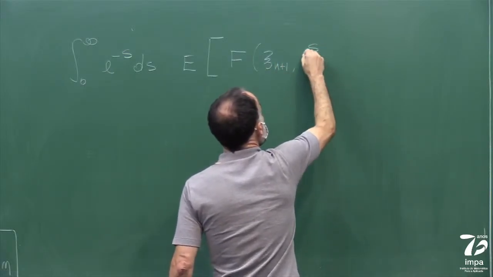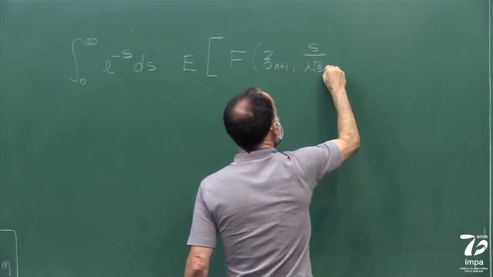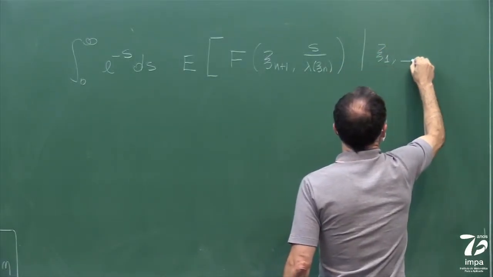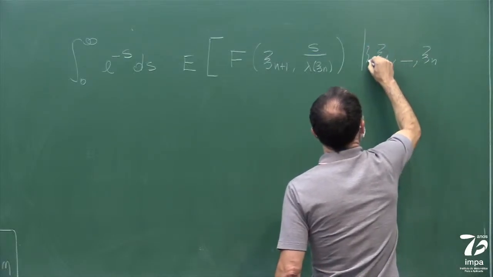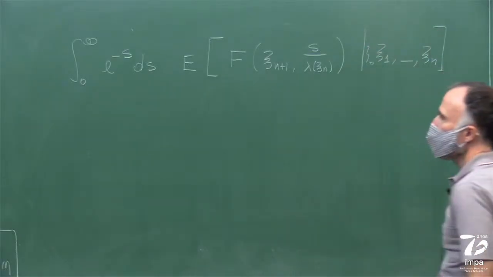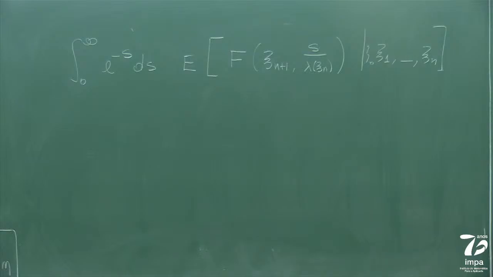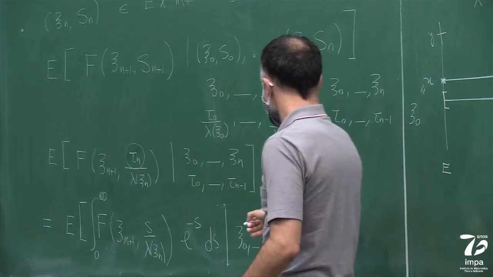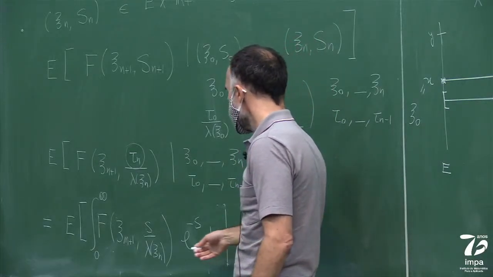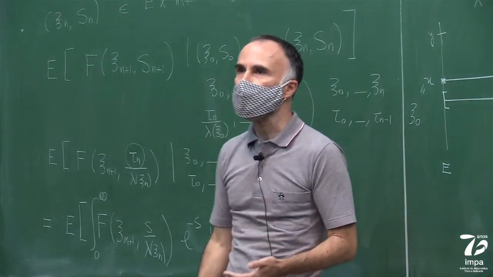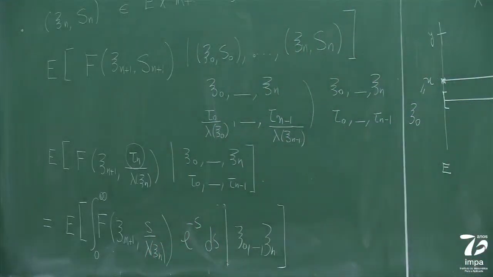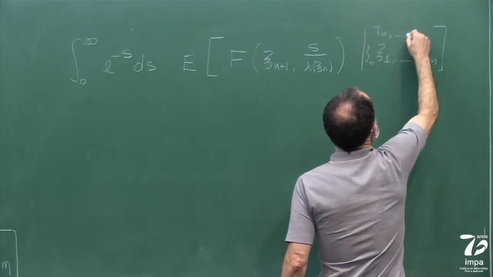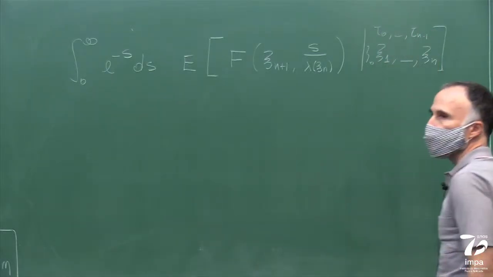Now S divided by lambda psi n given psi 1, psi n, psi 0. But I don't need any more to, I could keep tau 0, tau n minus 1, but since psi is independent from this random variable, I can just forget. But if you are confused, you can keep tau 0, tau n minus 1 in this conditional expectation.